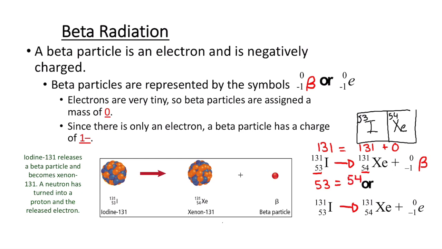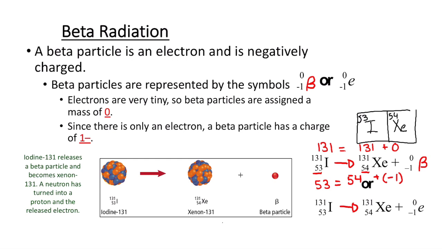And then because of the electron being released, we're adding -1 in terms of the charge overall. So originally we had 53 positive charges.